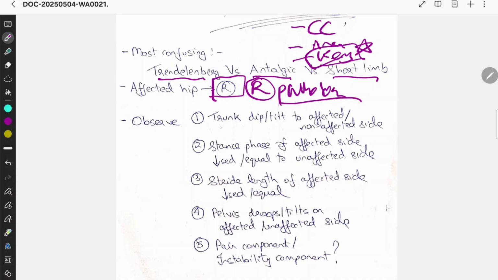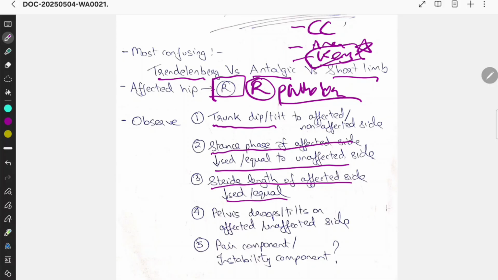The first thing you see is whether the trunk is lurching, dipping, tilting to the affected or non-affected side, right or left. We observe the stance phase of the affected side, whether it is decreased or equal as compared to the opposite side. We understand the stride length of the affected side, whether it is decreased or equal, the amount of distance traveled.